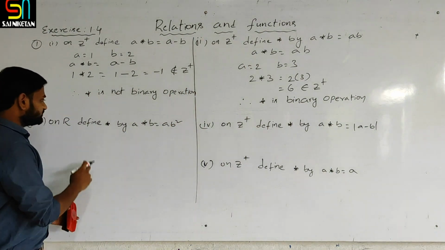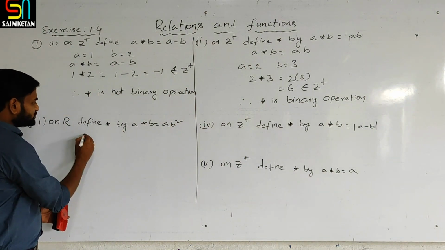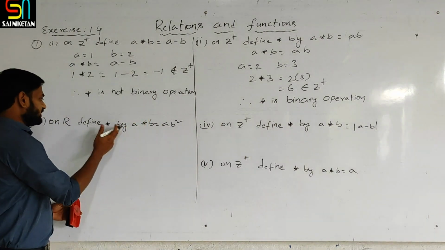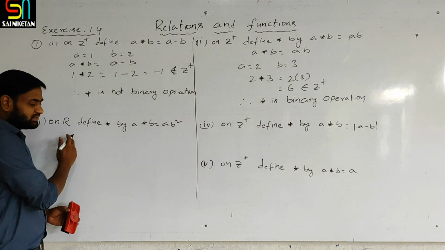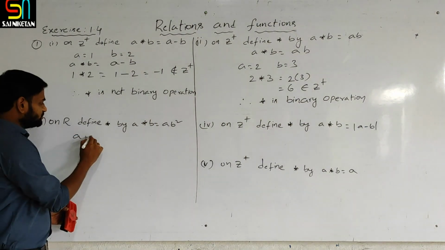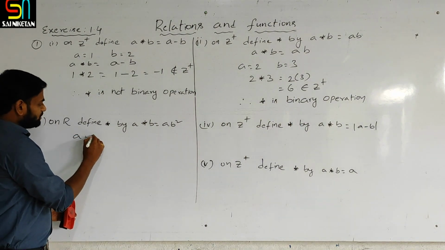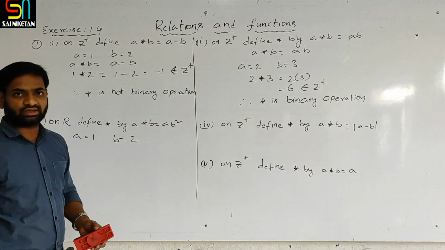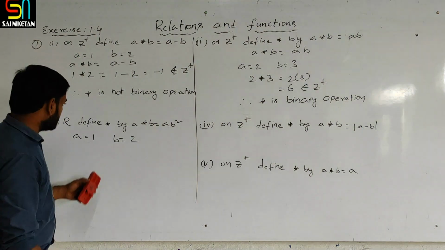Now come to the next one. What is the operation? A star B is equal to A B square. So here A value, B value are from the real numbers. In the real numbers, can I take A value as 1, B value as 2? Anything you can take, or you can take negative values also.